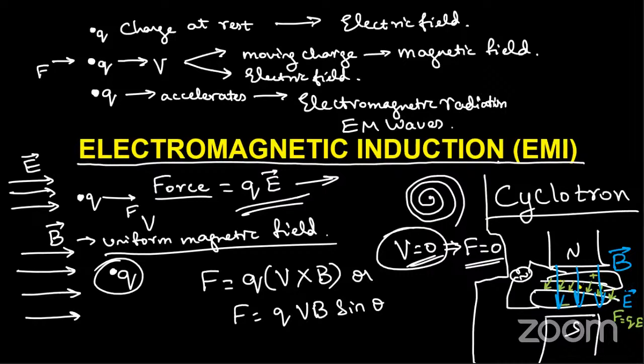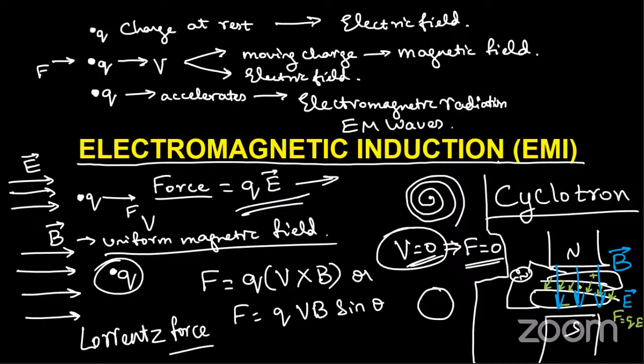If the same amount of electric field is applied, then the charge would execute a circular path, right? This is how your cyclotron works. Yes, that force which it experiences is called the Lorentz force.